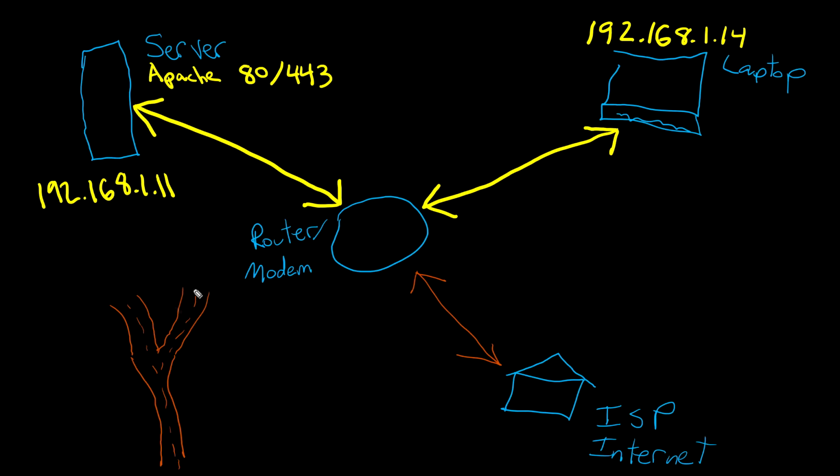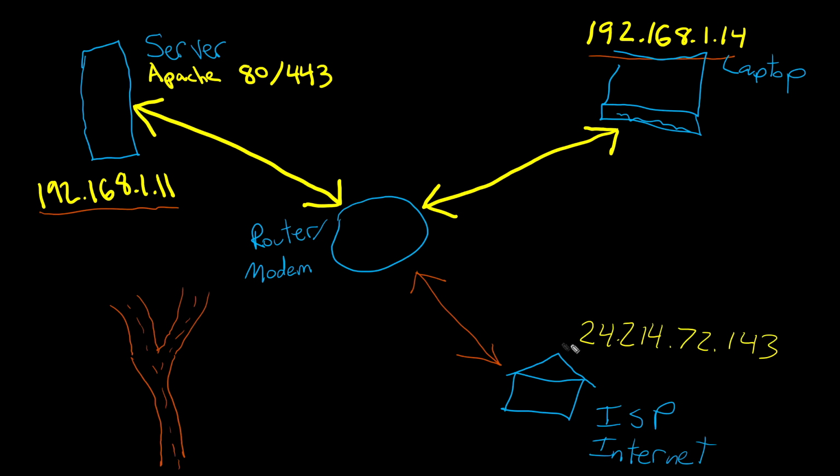Your router determines which way it needs to go, based upon your local IP address, and then it's going to go out one address, which is going to be your public address. In this demonstration, I'm just going to make one up, 24.214.72.143.